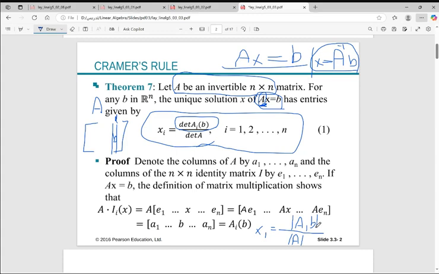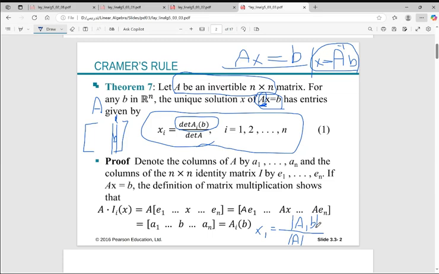A1B is the same as A, but in its first column, we have put vector B. Its first column is replaced by vector B, right? This is A1B.